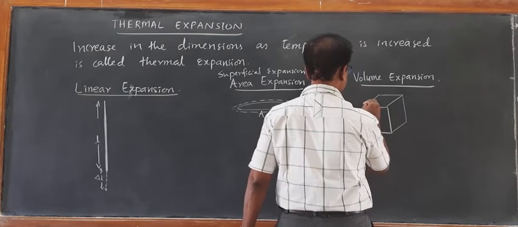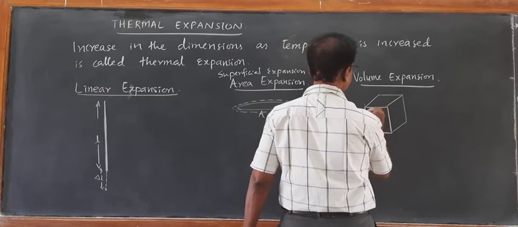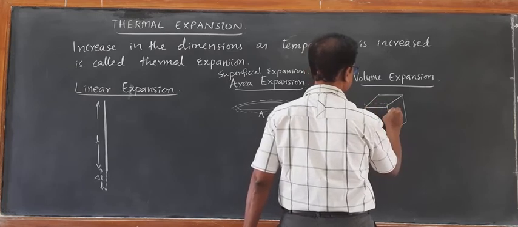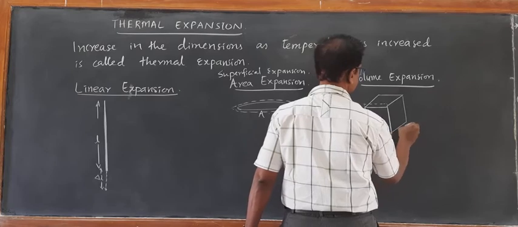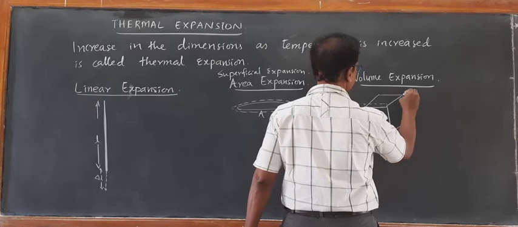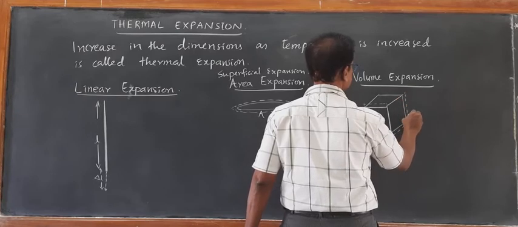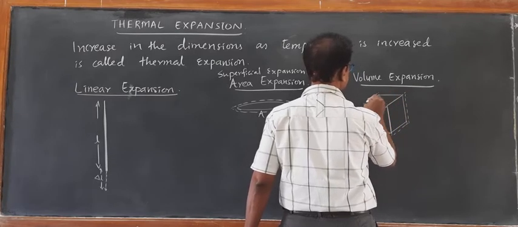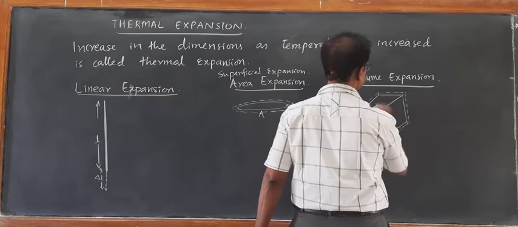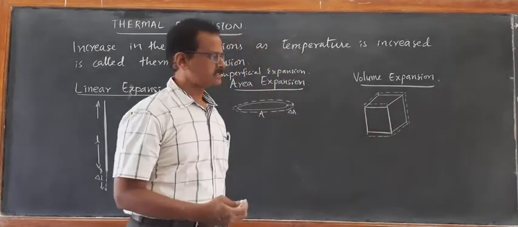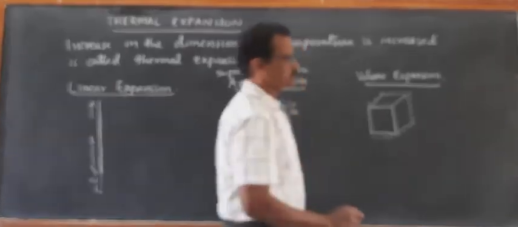Height increases, breadth increases, as a result area increases. So in general the whole volume increases. So this is called volume expansion.